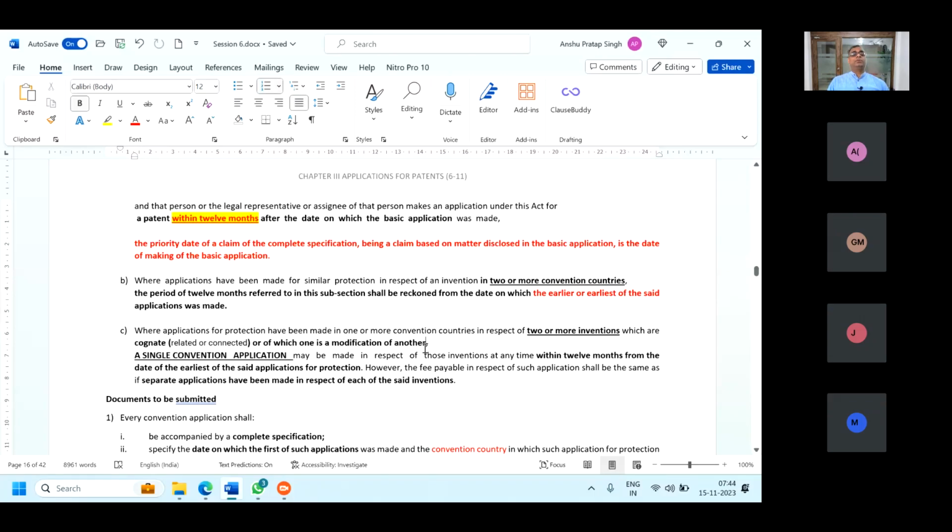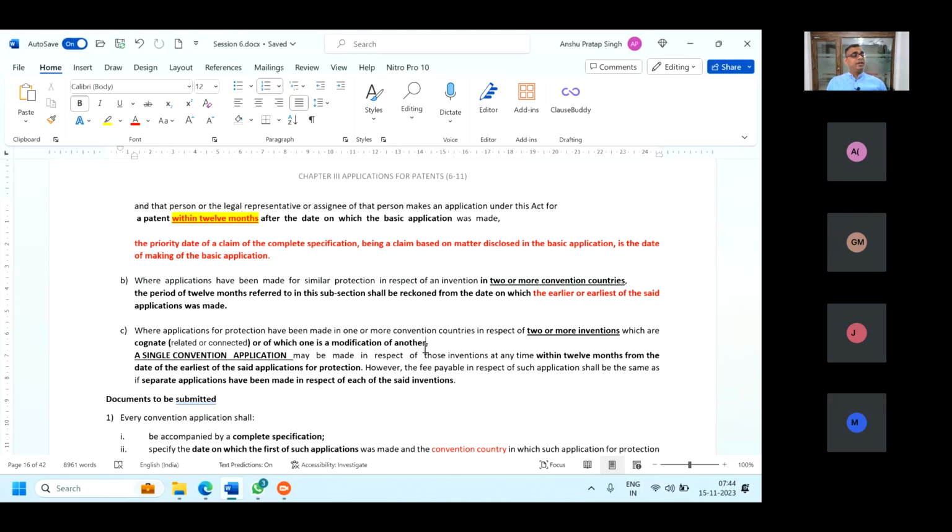Now comes the third part. First we said there should be a base application. It should be in a convention country. If there is a convention country and it has been done, now within 12 months you have to file. One scenario clear. When it has been filed within 12 months, I will consider the date of filing of the base application as the priority date for this application. This was the first concept.